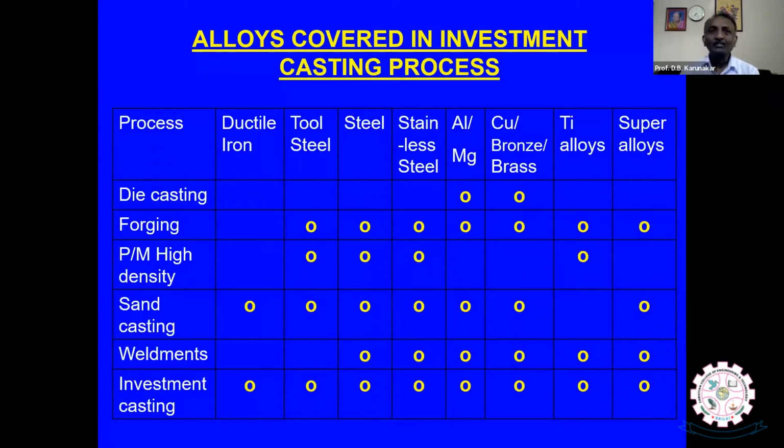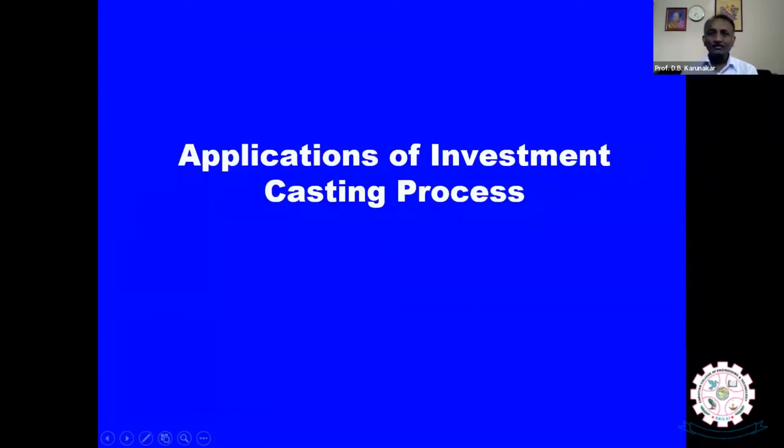That is the unique specialty of the investment casting process. Any metal and any alloy can be processed, meaning any component of any metal or alloy can be manufactured using investment casting. That is the greatest advantage of the investment casting process compared to other manufacturing processes. Now, what are the applications of the investment casting process?